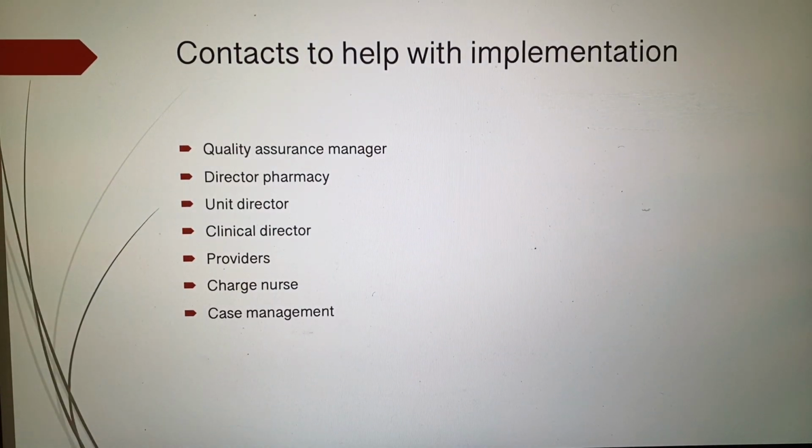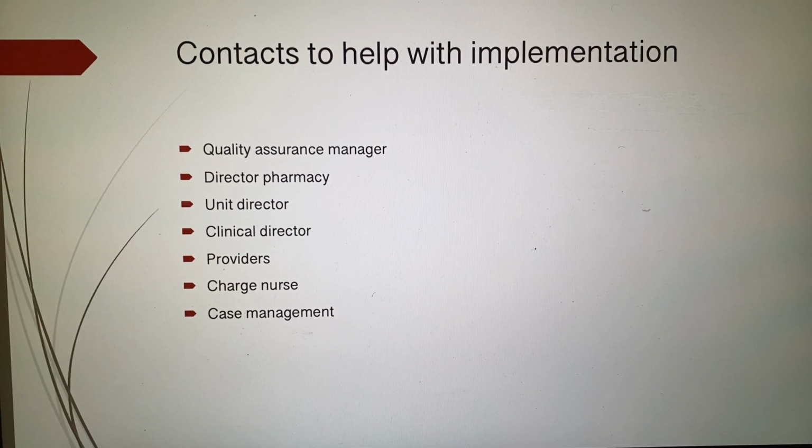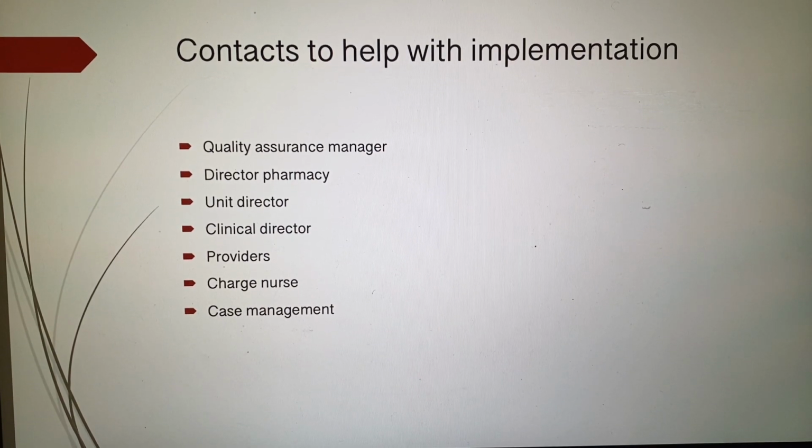To be able to implement the above recommended strategies, the Quality Assurance Manager, Director of Pharmacy, Unit Director, Clinical Director, Providers, Charge Nurses, and Case Management need to be involved.